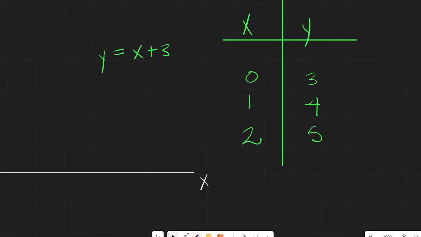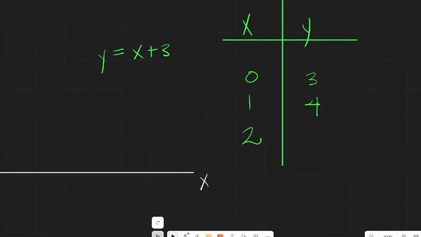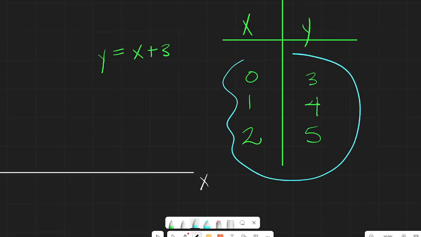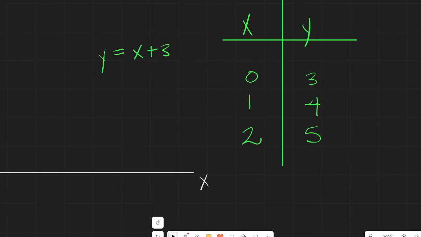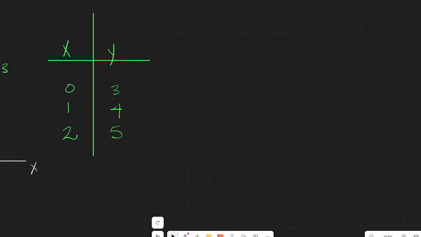So in this instance, the machine transforms these input variables 0, 1, and 2 to 3, 4, and 5. Similarly, by just looking at this data, you can get this formula, and we'll talk about how to do that in a later video. But right now, I'm just going to plot my points.